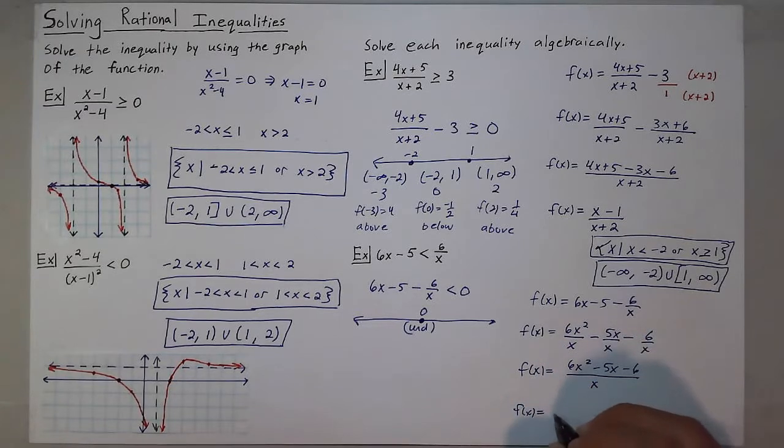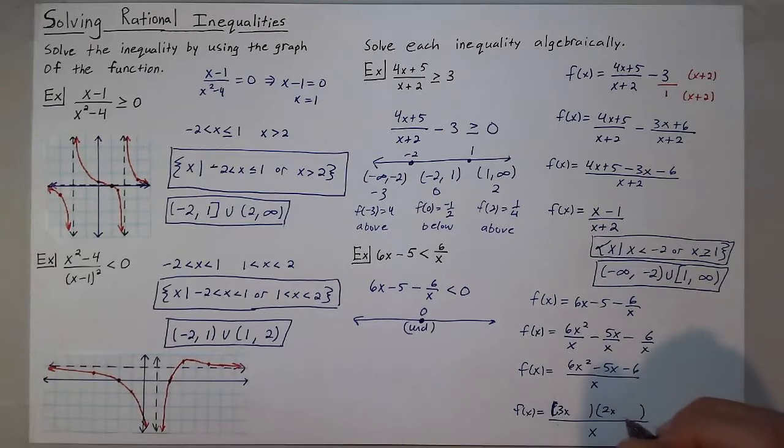So factoring my numerator, it's a quadratic that can factor into two binomials. The inner numbers need to multiply to negative 6, and then the outer and the inner need to add to negative 5. So I'm going to use 3x and 2x.